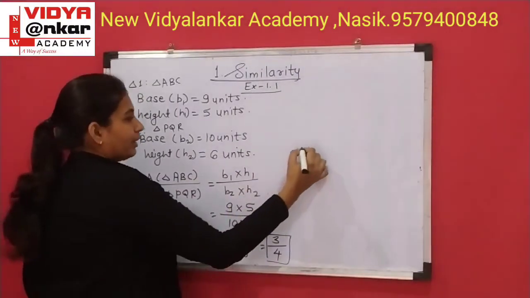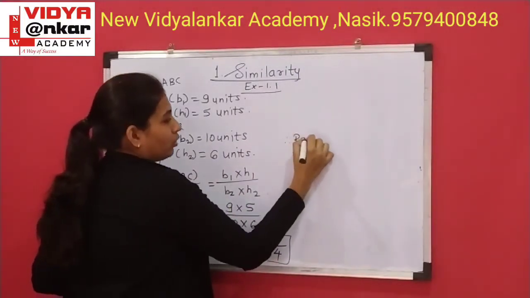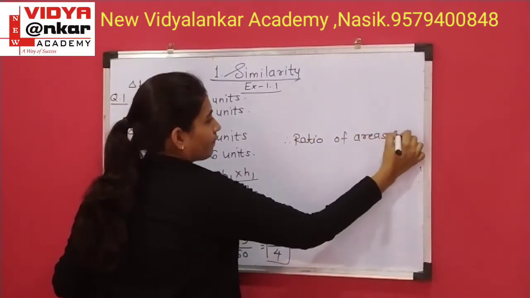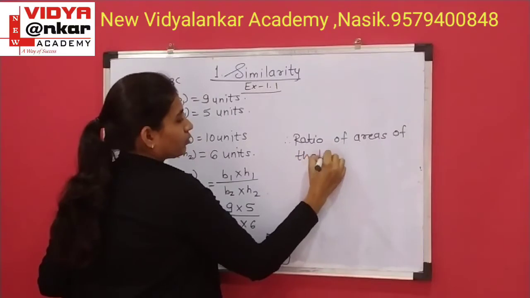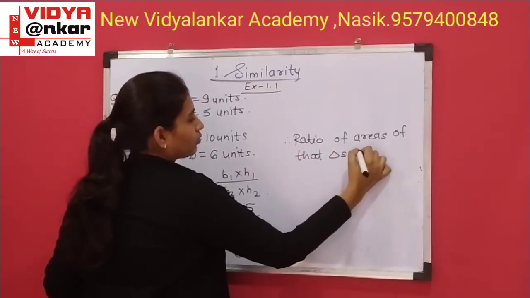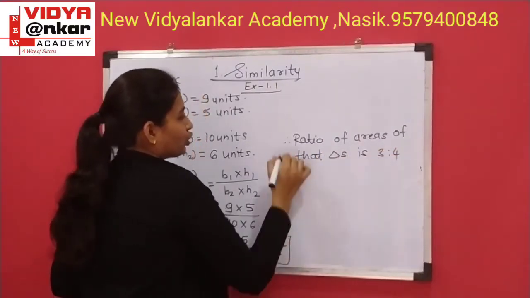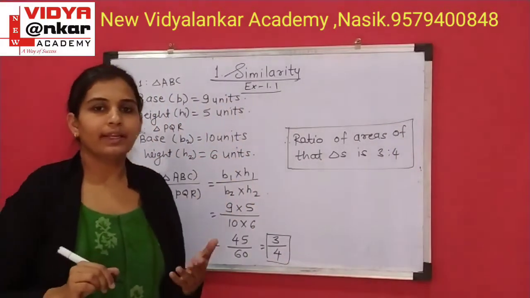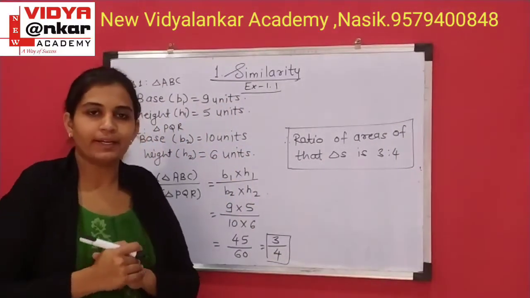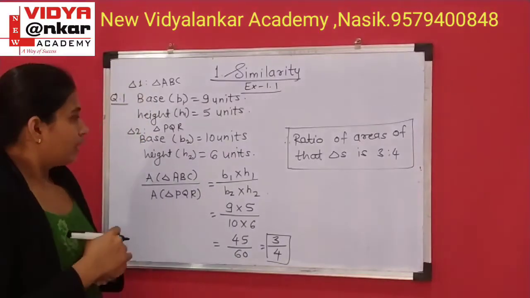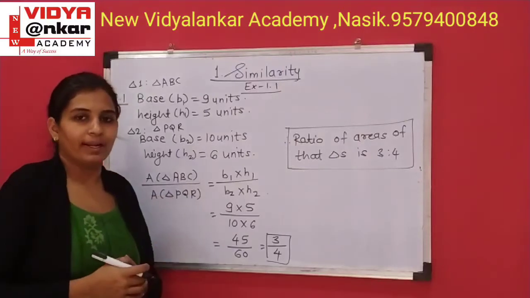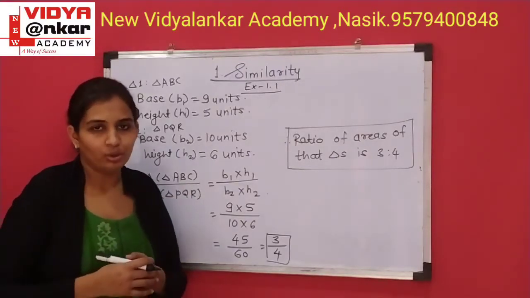So we can write here, therefore ratio of areas of the triangles is 3:4. Did you get it, guys? Good. Now take your own measurements for another two triangles and try to solve on your own.